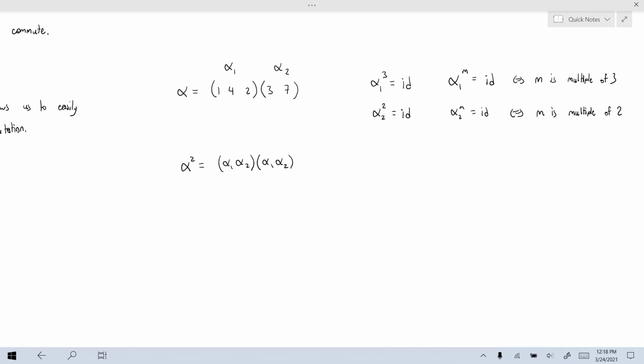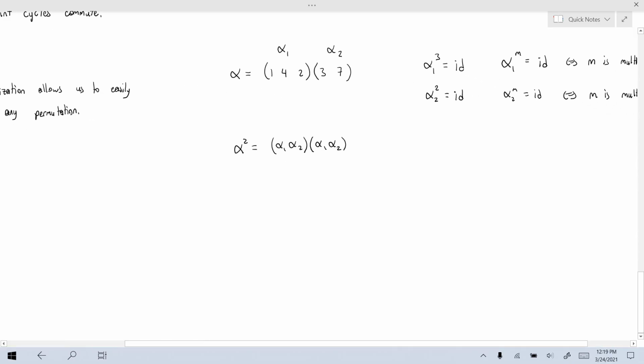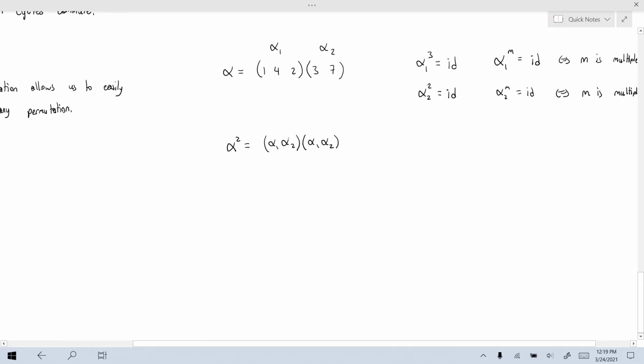The fact that alpha 1 and alpha 2 are disjoint means that they commute, as we talked about earlier. So I can interchange the two in the middle and say this is equal to alpha 1 times alpha 1 times alpha 2 times alpha 2. In other words, alpha squared is alpha 1 squared times alpha 2 squared.